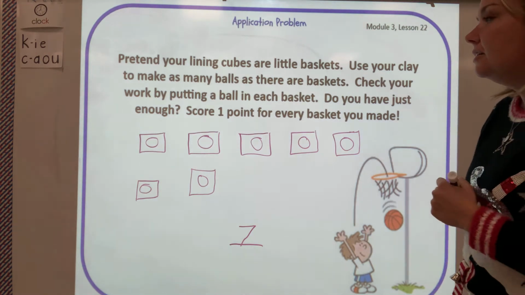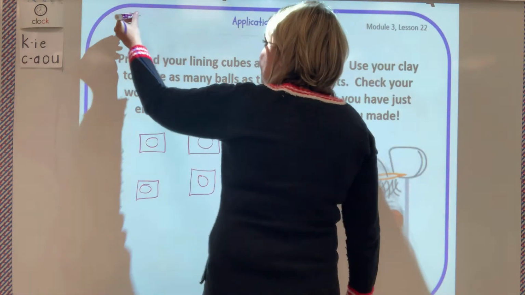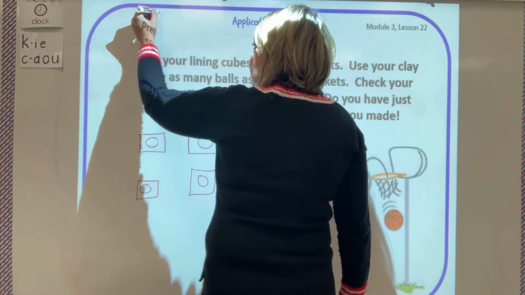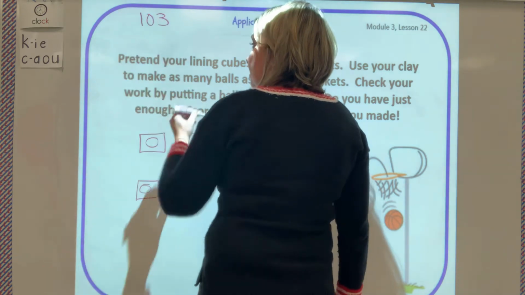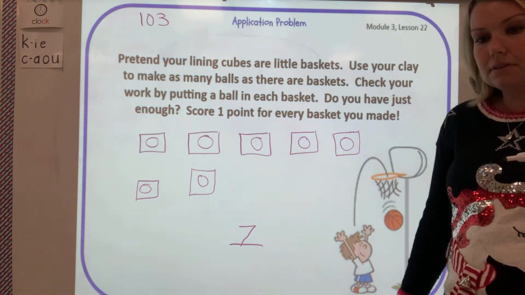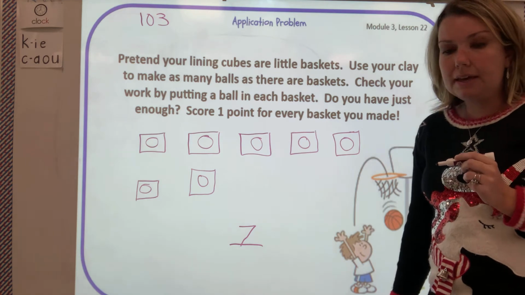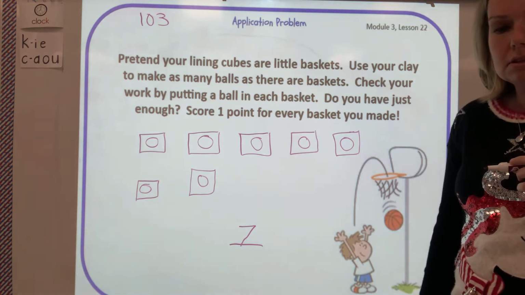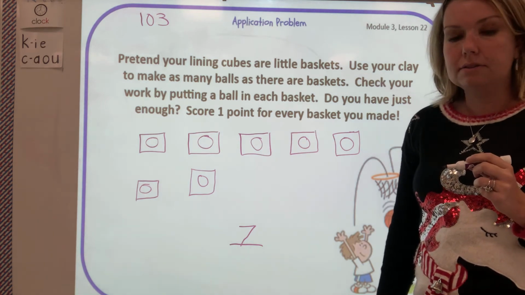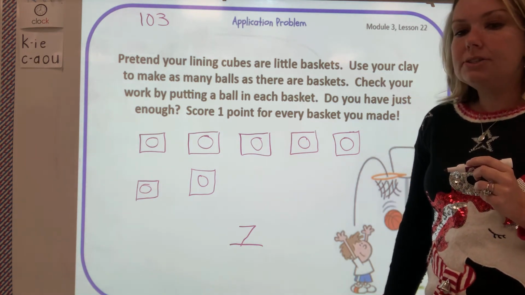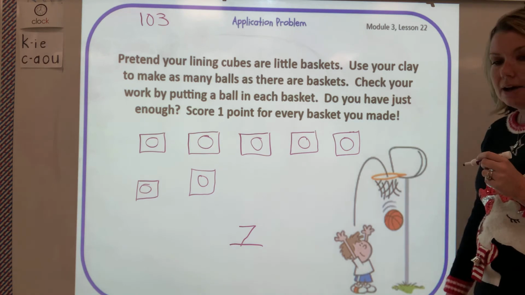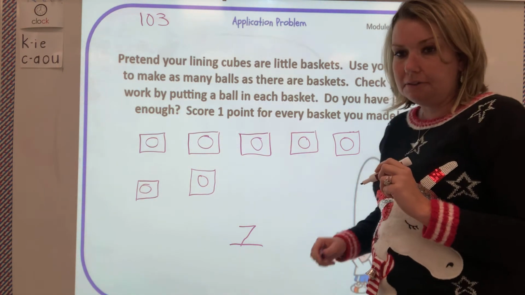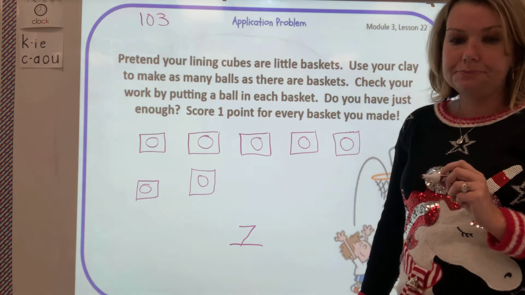Oh, it's page 103. So there's a 100. It's 103. But it's okay. It's just the application problem. Okay, so someone else share out, raise your hand. How do you know that I have just enough?